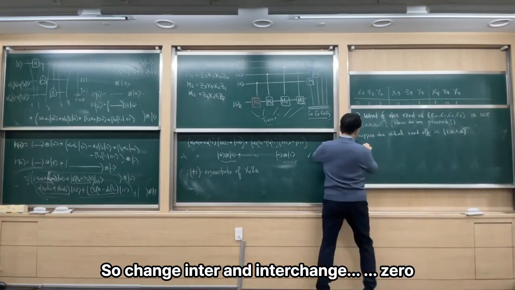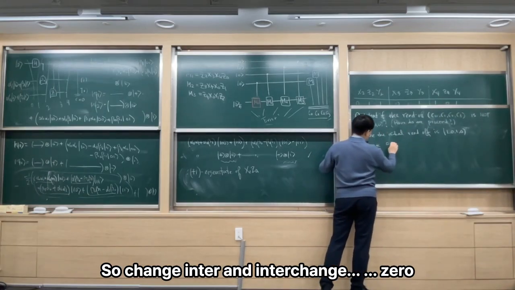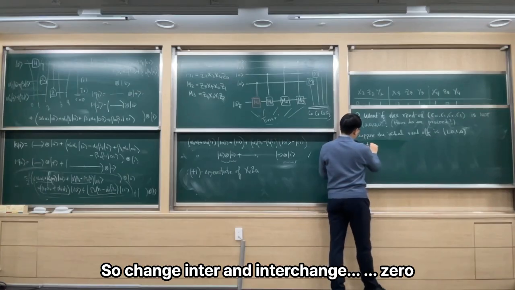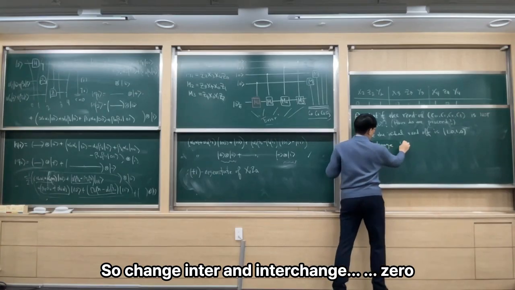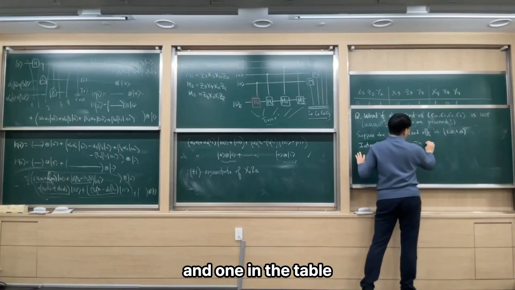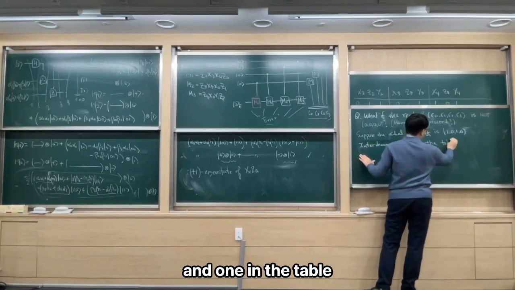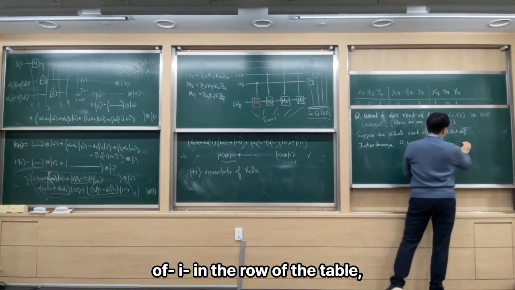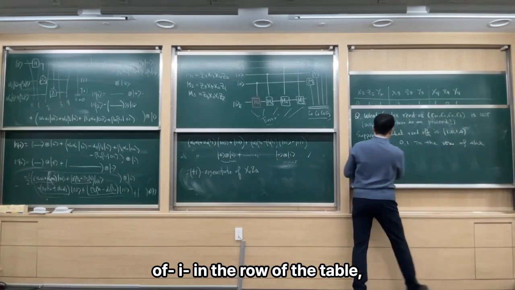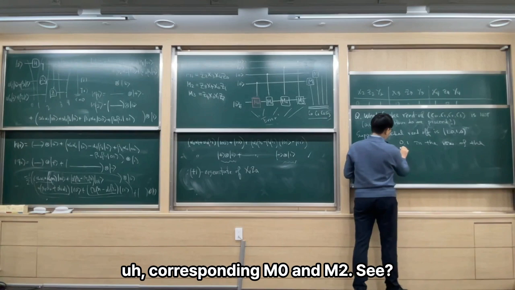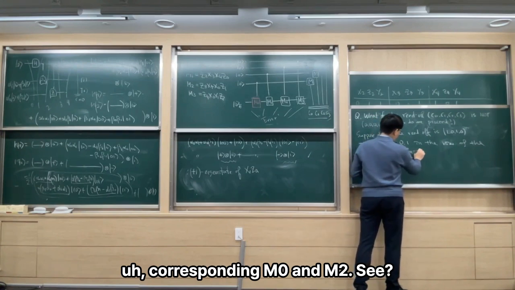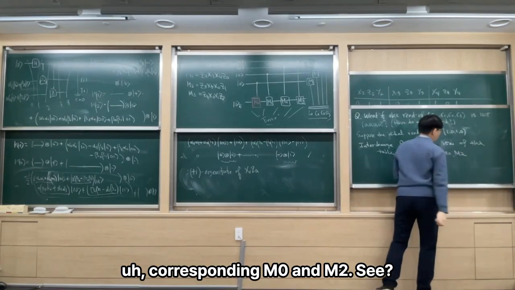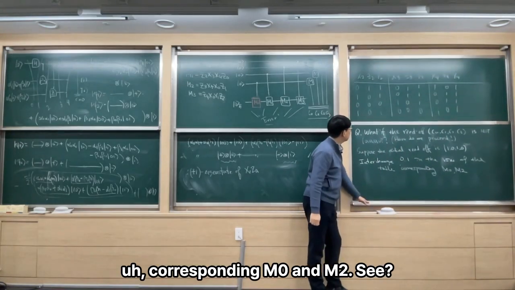So interchange 0 and 1 in the table, in the rows of the table corresponding to M0 and M2.